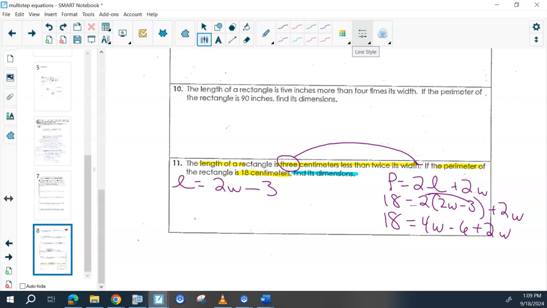Okay, from there, yes, so 4 plus 2, you get 6w minus 6, and then we have to do something with the 6. Yeah, plus 6, add it to both sides.